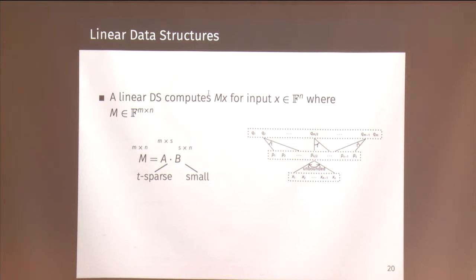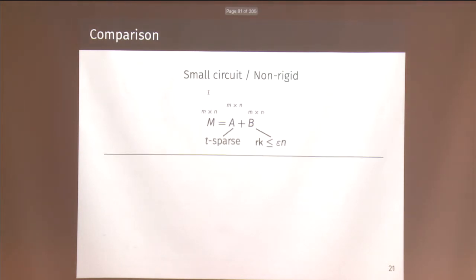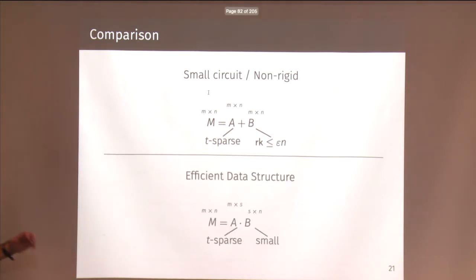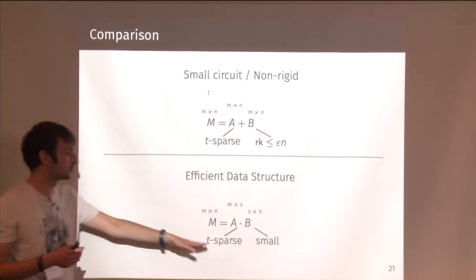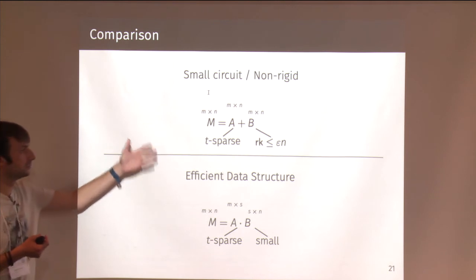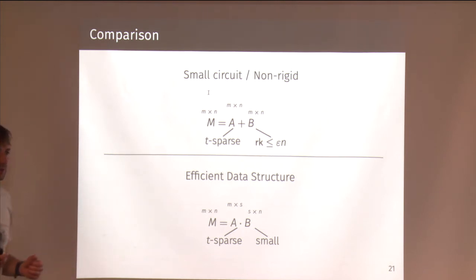Make sense? Okay, so now again, small circuits or non-rigidity means you can write your matrix as sparse plus low rank. Small data structures, efficient data structures, means you can factorize your matrix as a product of sparse and small. So what we do in this work, we essentially prove almost equivalence of these two representations of a matrix.